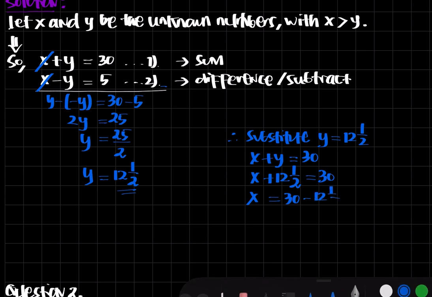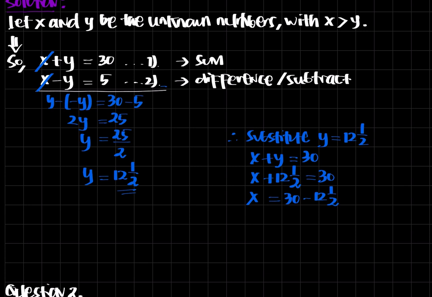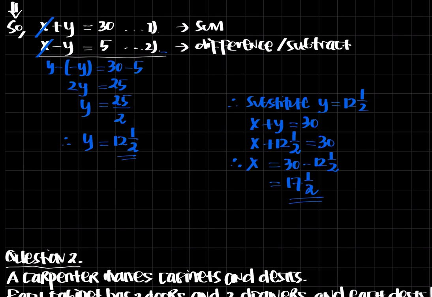So this is 17 out of 2. So that's the way we can find out the numbers x and y. So the numbers are x equals 17 out of 2 and y equals 12 out of 2.